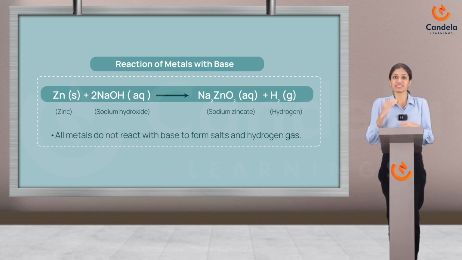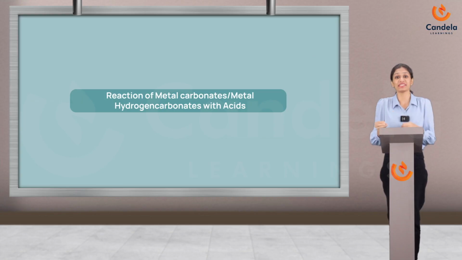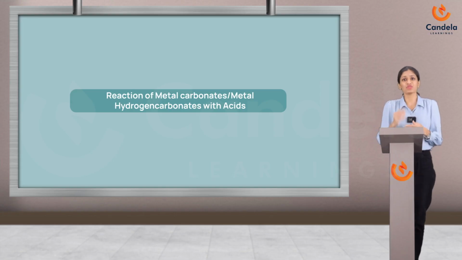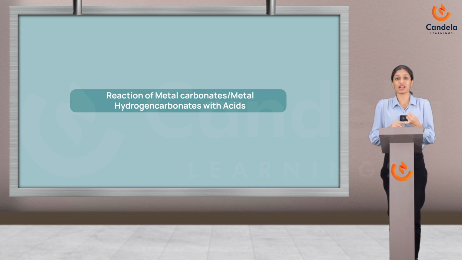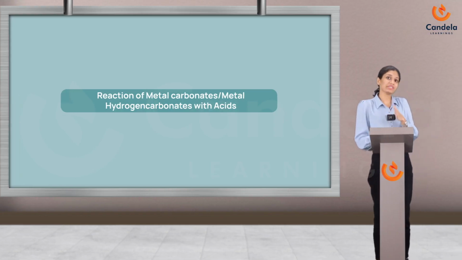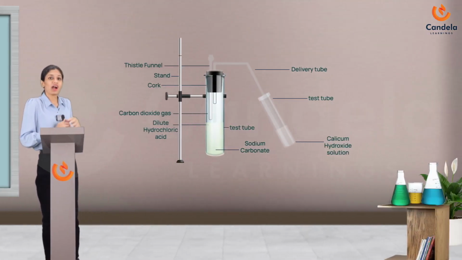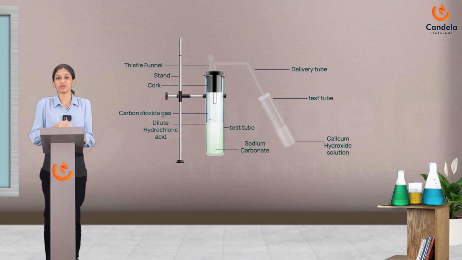Now let's move to the third chemical property of acids and bases, that is, the reaction of metal carbonates or metal hydrogen carbonates with acids. To understand this better, let's do one more activity. For this, you need a test tube containing dilute hydrochloric acid and another test tube containing lime water. The experimental setup will be like this. After setting up, you need to add sodium carbonate crystals to the test tube.